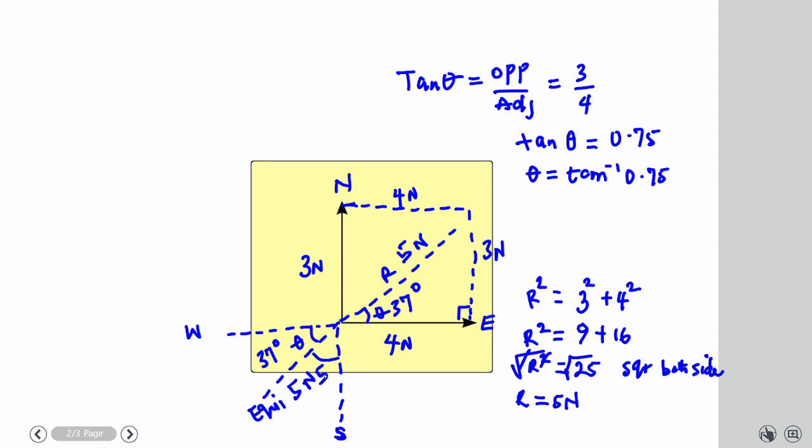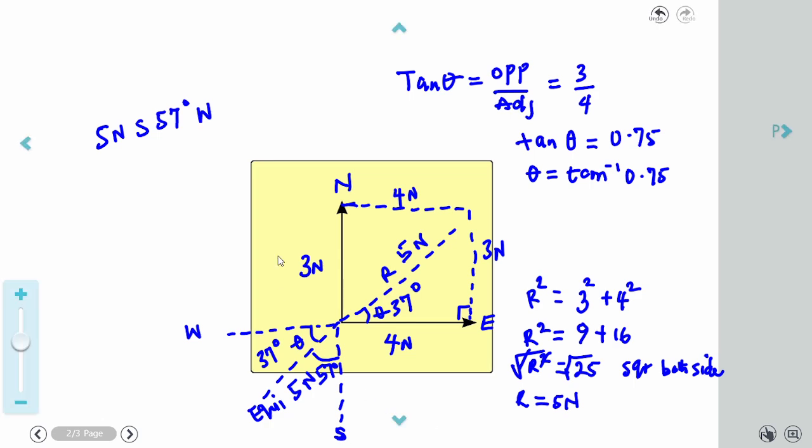Here will be 57 degrees. And then taking that into cognizance, the vector's direction would be 5 Newton, then south 57 degrees west.